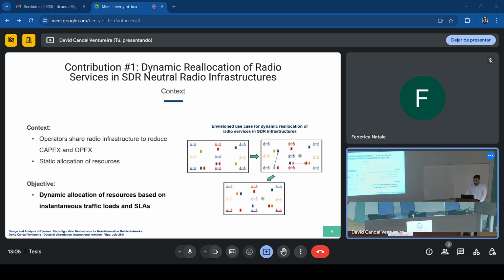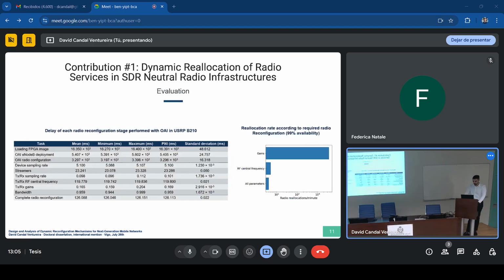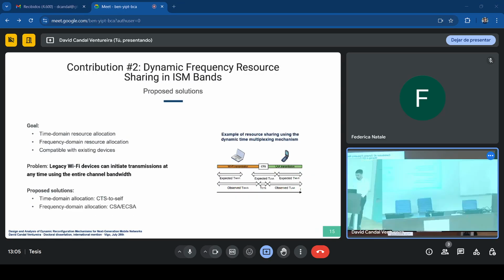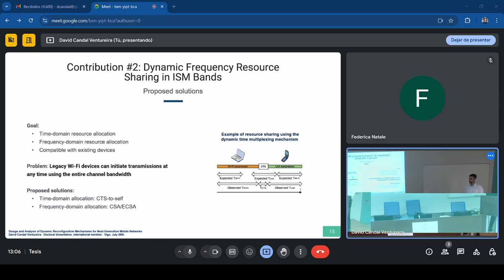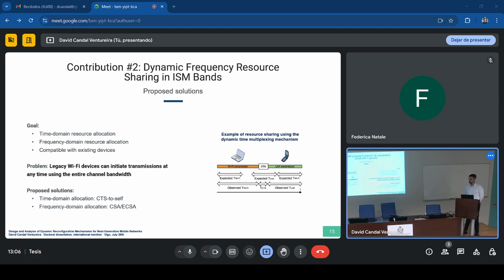Okay, let's move to the dynamic time multiplexing approach. I have just a question about bandwidth. You need some kind of signaling, I guess, to decide which one of the technologies needs to transmit its time. I wonder if this overhead is too much.